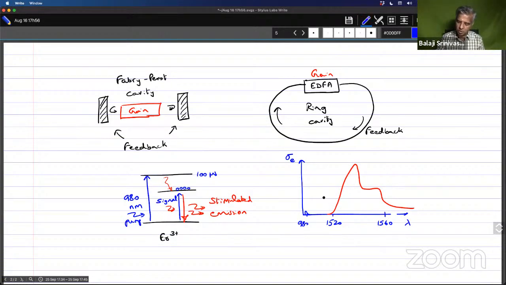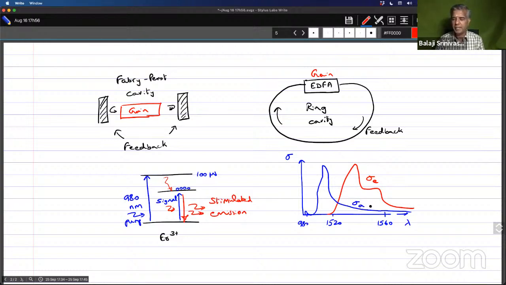But you also have an absorption cross section, which is actually significant around 1480 or so, but then it becomes very small as it goes to these regions. So this is sigma A, and this is sigma E. I'm just looking at cross section. So like that.